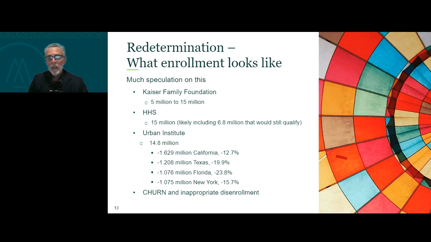But importantly, of that 15 million people, it's estimated that 6.8 million would likely still qualify, but could just get washed off the system as a result of a number of things, most of them administrative, such as the high volume of redeterminations that the states are going to have to deal with, and the length of time that has elapsed since Medicaid agencies last communicated with enrollees.